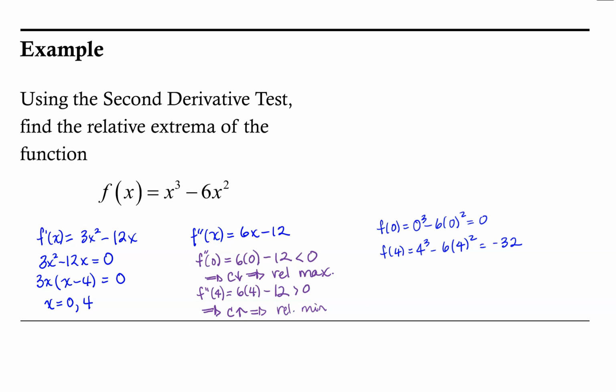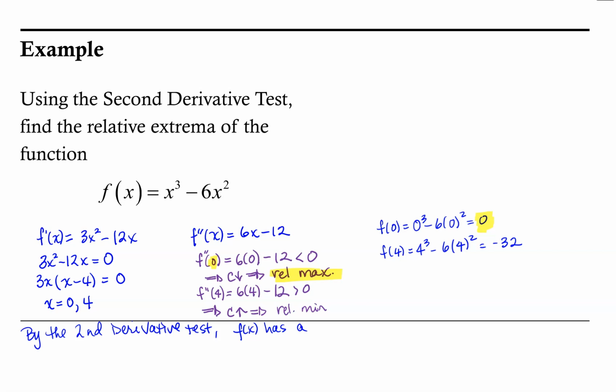Now, we used the second derivative test to determine this information, so we're going to say that in our explanation or our answer. So we say by the second derivative test, f of x has a relative maximum first. At x equals 0, we have a relative maximum, and that maximum value is 0.